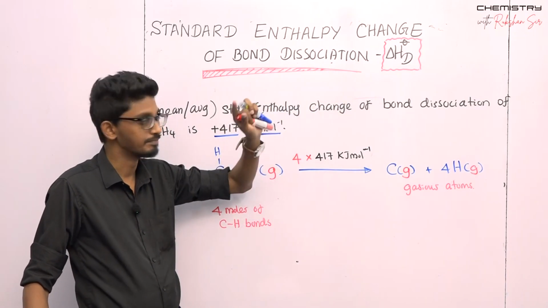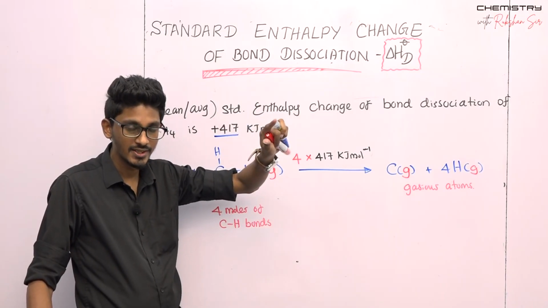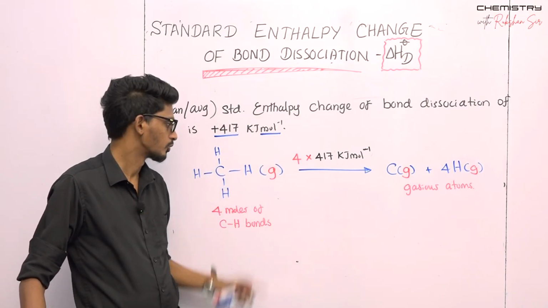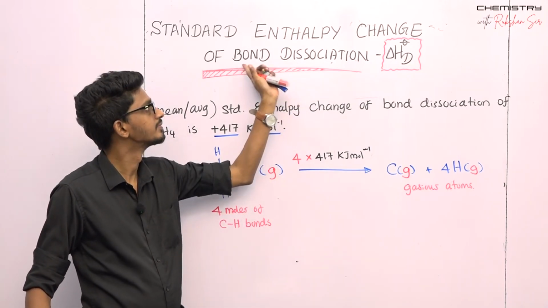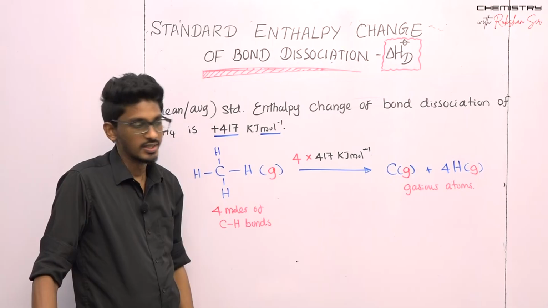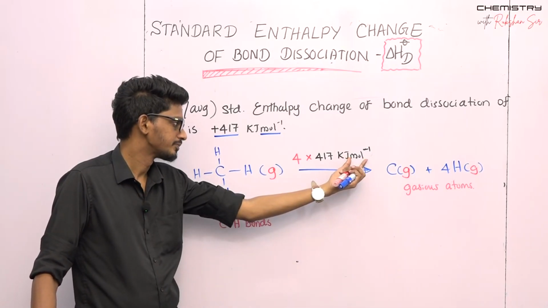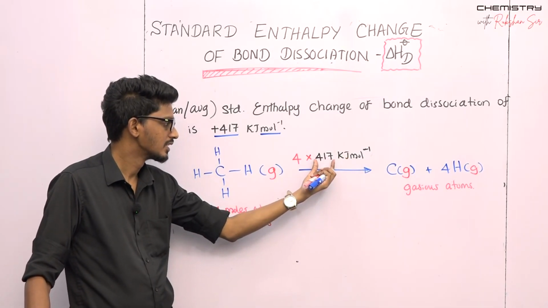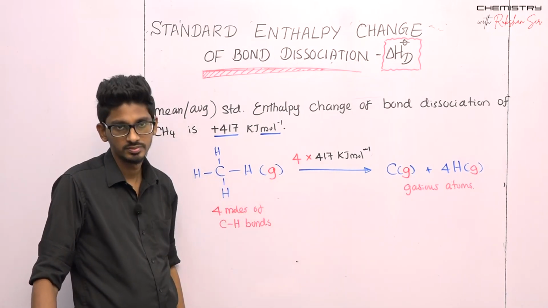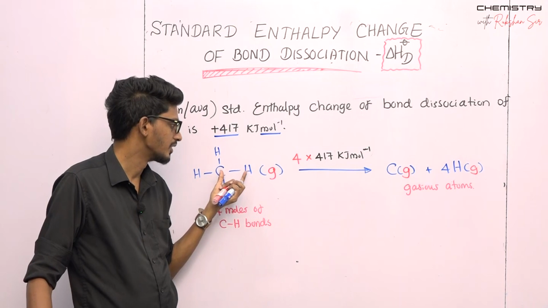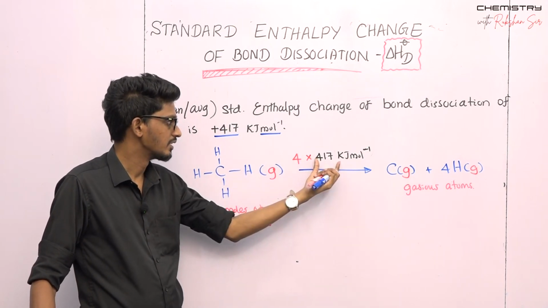So 1 mole appears with the bonds, not with the compounds, to break bond dissociation. To break 1 mole of CH bonds, you need 417. The CH bonds are the ones appearing in CH4.